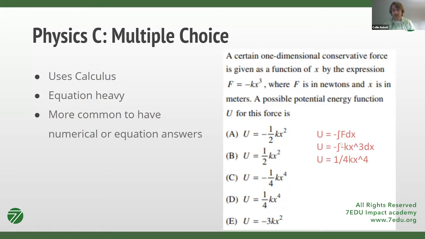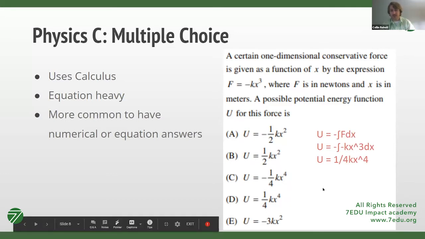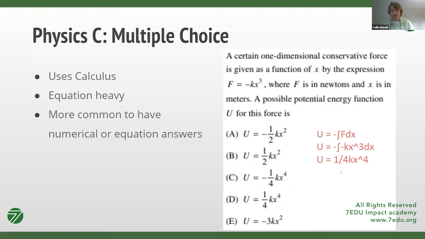We have to integrate the force over the distance x. We substitute in the force equation we're given up here, do the integral to solve for the change in potential energy, and that gives us the equation for potential energy for this specific one-dimensional conservative force.